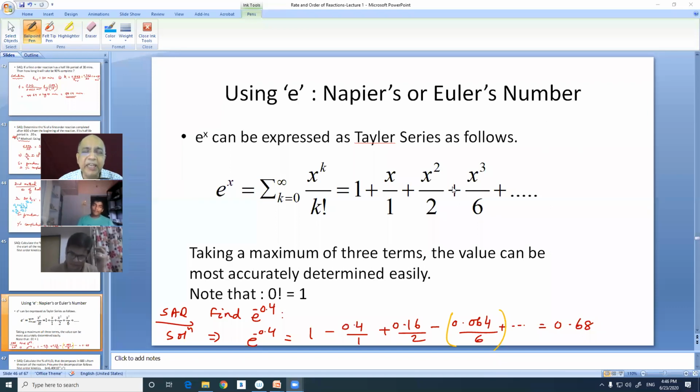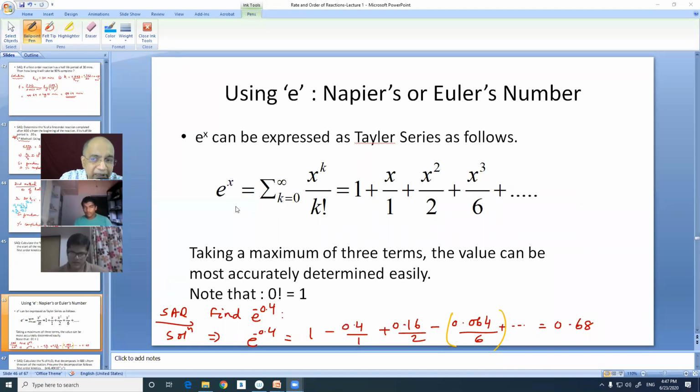That E method is also equally handy if you use the Taylor power series to express E to the power x. Rahul, you want to say something? No. Have a look, all of you, very carefully, how easily you can get the answer if you treat it in terms of E to the power something.